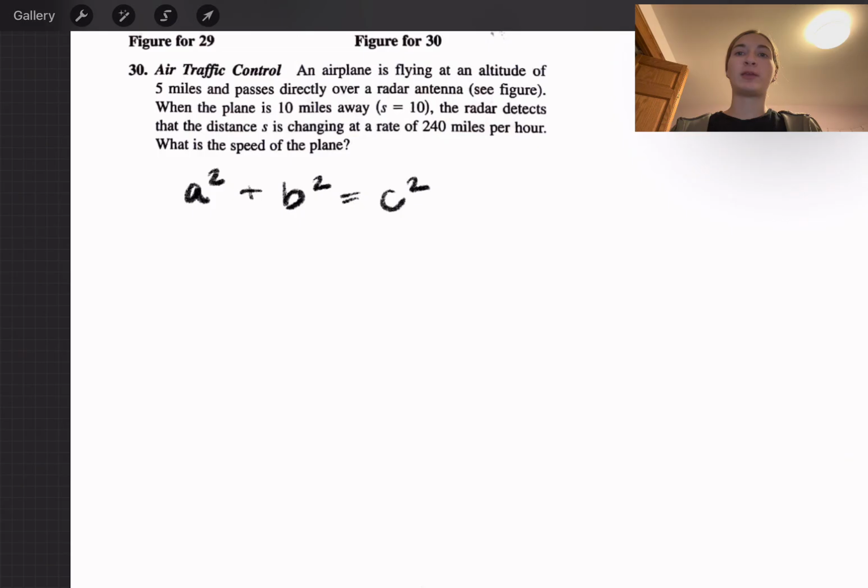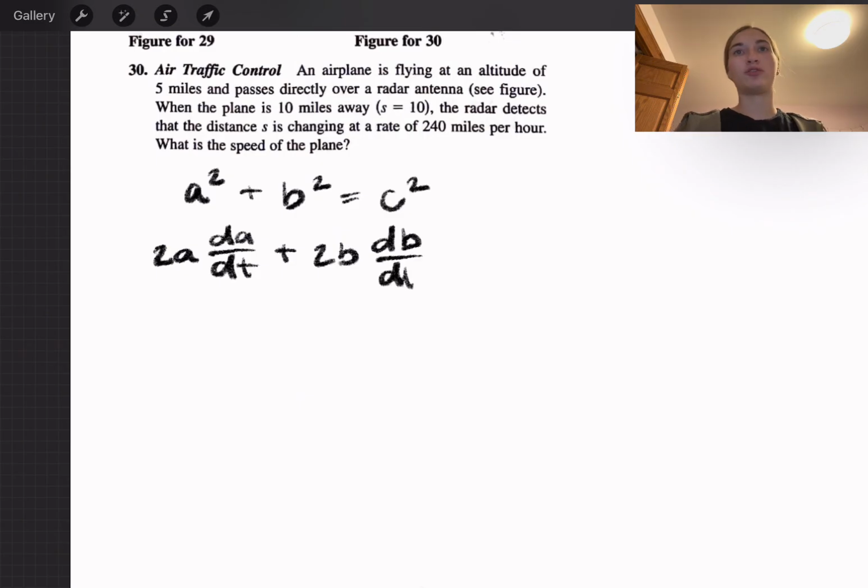And the second one we'll be using is the derivative of this equation, or 2a dA dt plus 2b dB dt equals 2c dC dt. Well, we already know most of the variables in this equation.